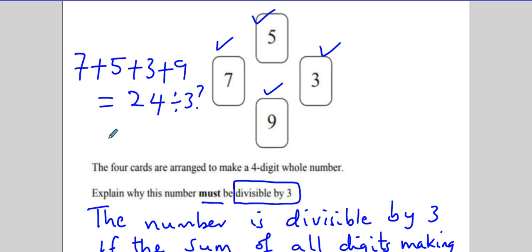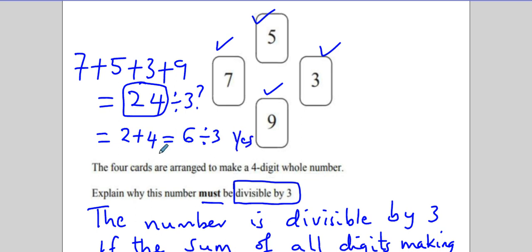If you are not sure, take the digits of this number, which are 2 and 4, then add them. What do you get? You get 6. Now the question is, is 6 divisible by 3? The answer is yes. 6 divided by 3 is 2.